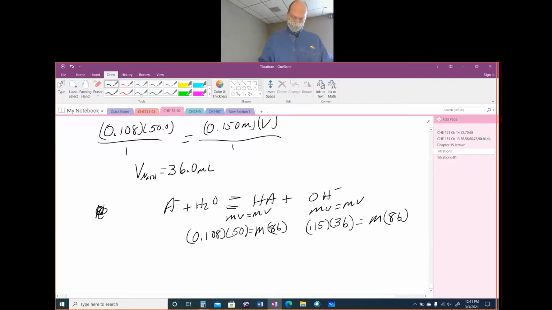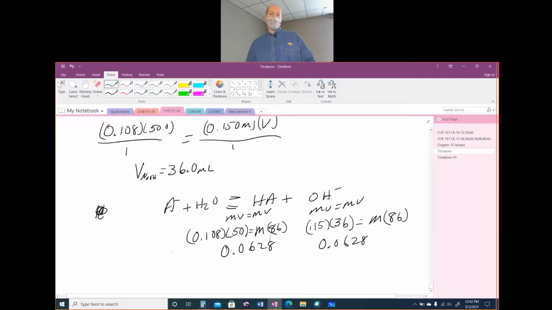Again, these have to be the same number. 0.108 times 50 divided by 86, you got 0.0628. And then 0.15 times 36 divided by 86, and you have 0.0628, exactly the same number.